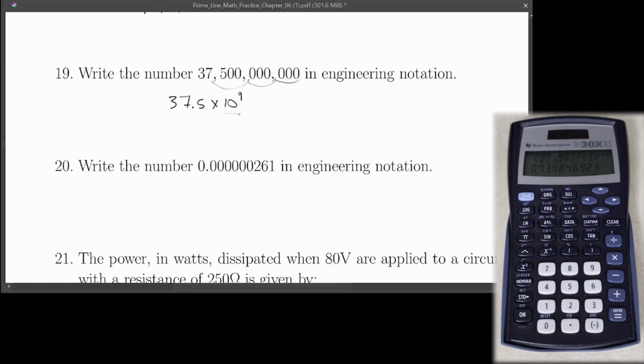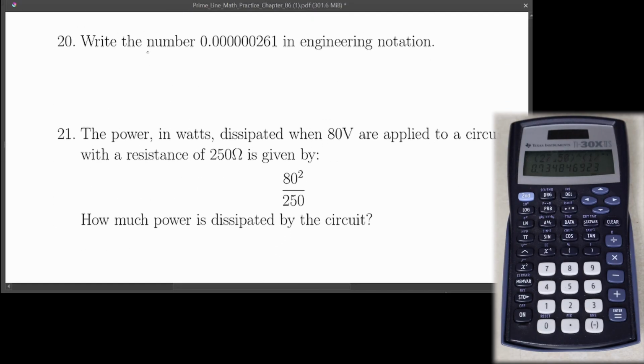And these factors, or the engineering notation, convert really well to your common units like megawatts, gigawatts, milliamps, millivolts, and so on.